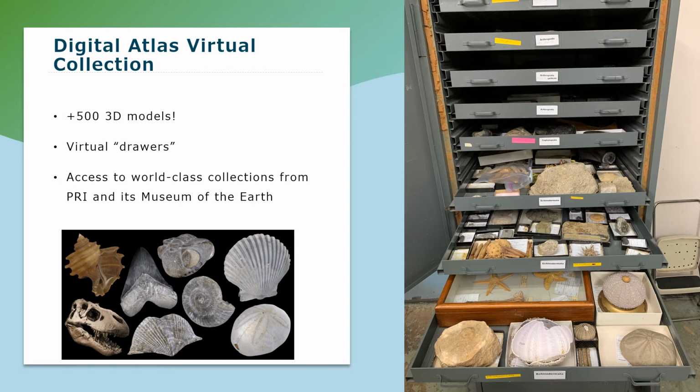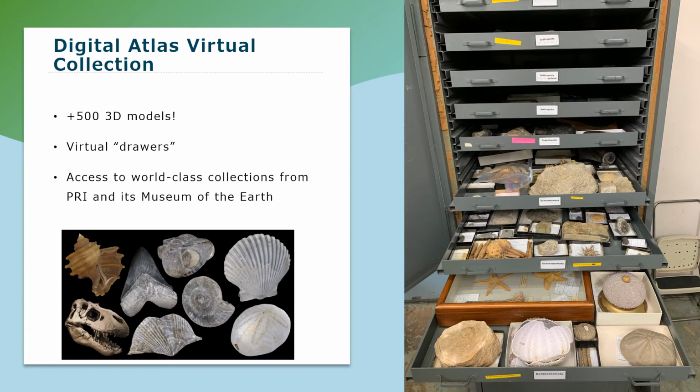On the right is what a typical teaching collection looks like. And as you can see, each of the drawers represents a different taxonomic group. And this is what we've tried to create with the Digital Atlas, is creating these virtual drawers organized taxonomically.